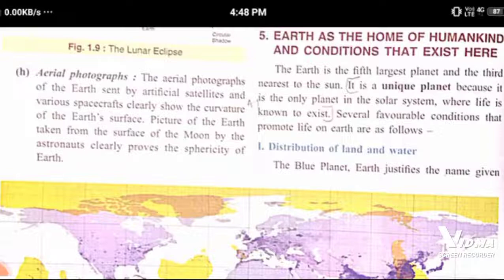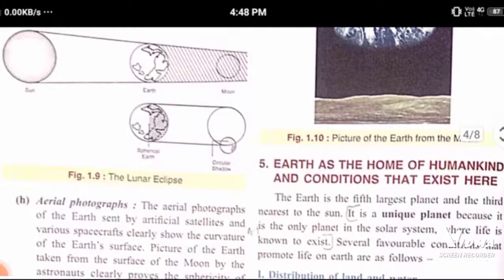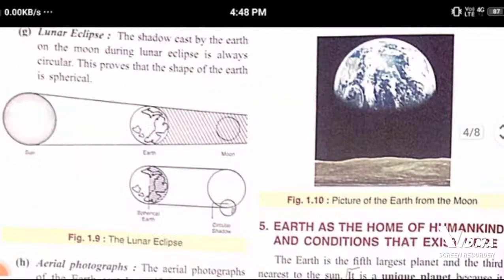Pictures of the earth taken from the surface of the moon by astronauts clearly prove the sphericity of the earth. Pictures are the most important proof. If the picture is spherical, then the earth is also spherical. Now you can see this is a picture of the earth from the moon.